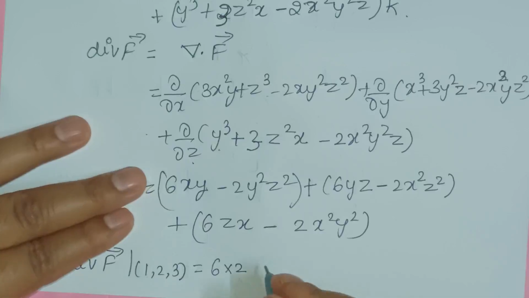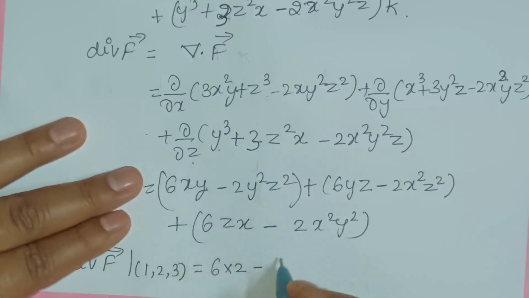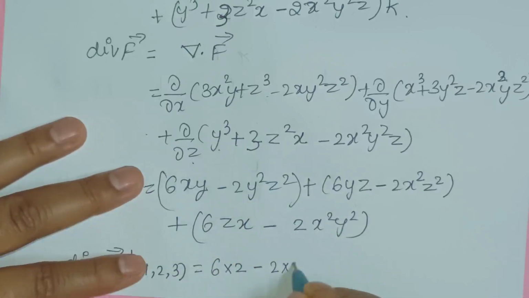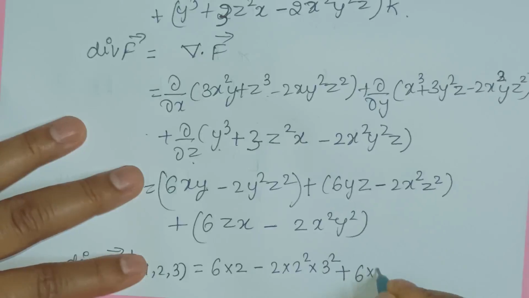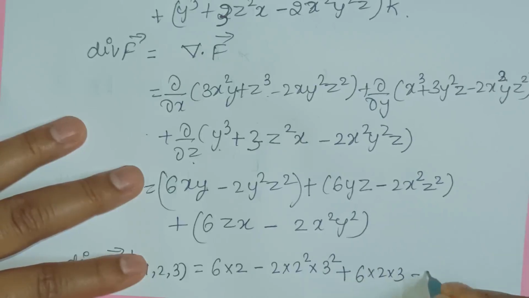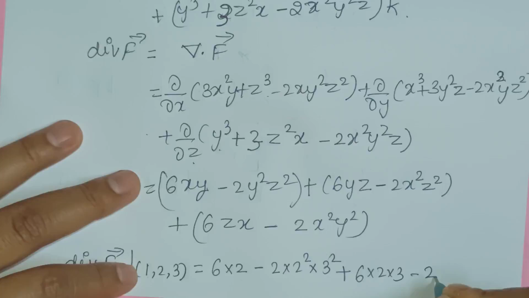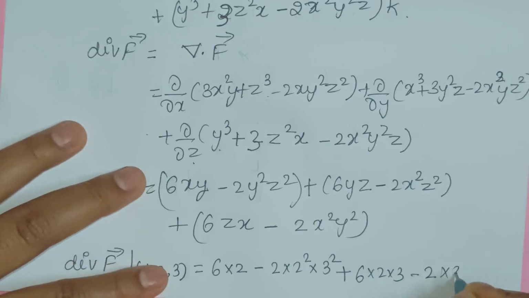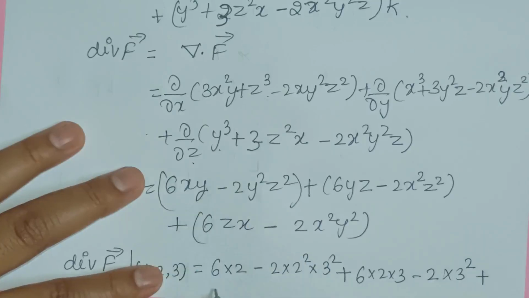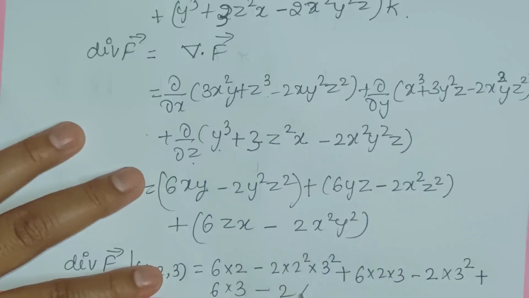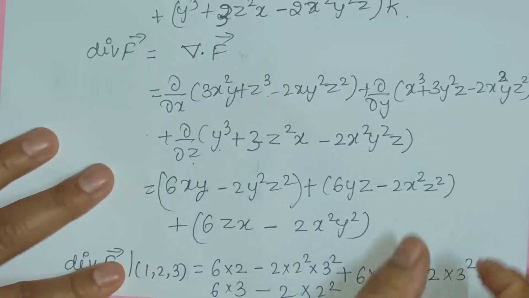X is 1 into 2, so minus 2 into y square is 2 square into 3 square, plus 6 into 2 into 3 minus 2 into 1 square is 1 only into 3 square. Done. Plus 6 into 3 into 1 minus 2 into 1 square into 2 square. Done.